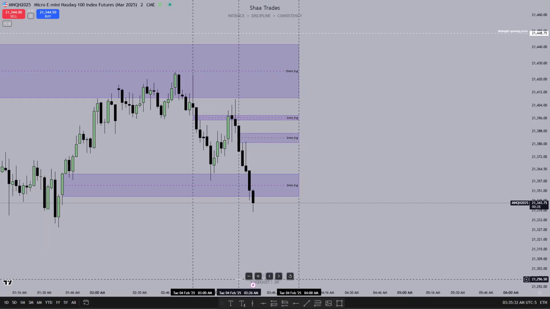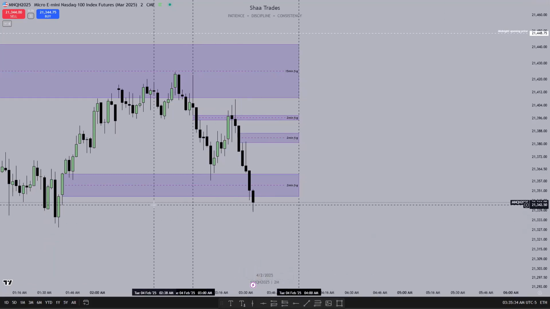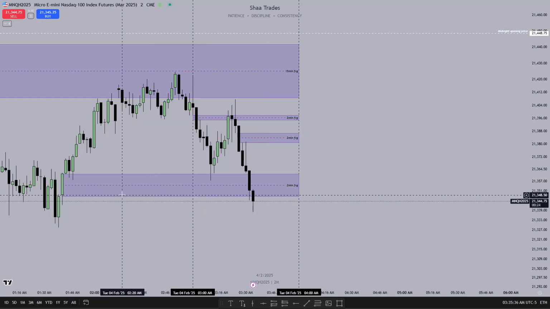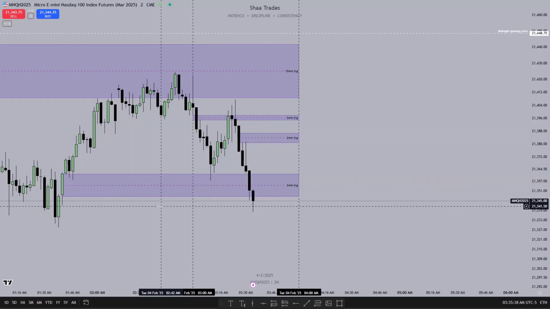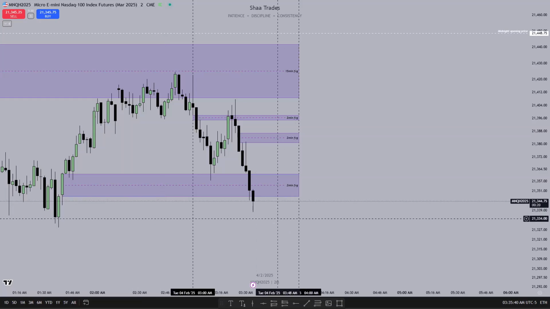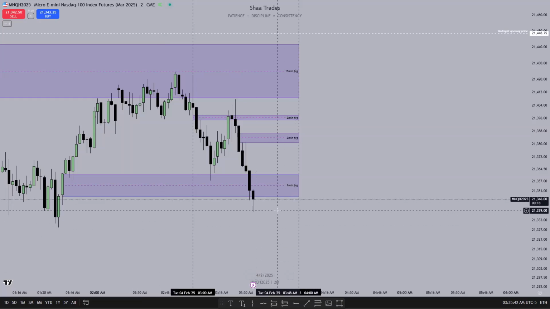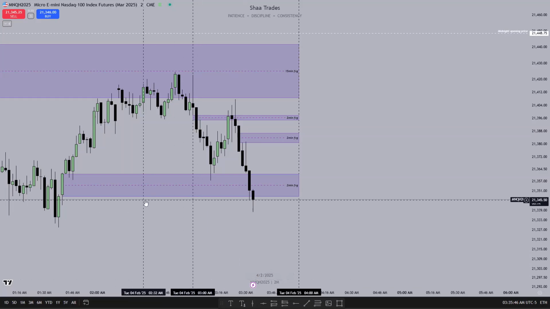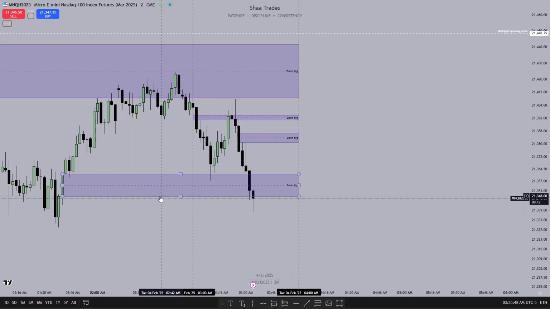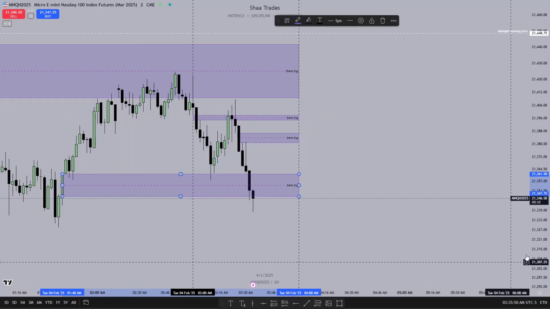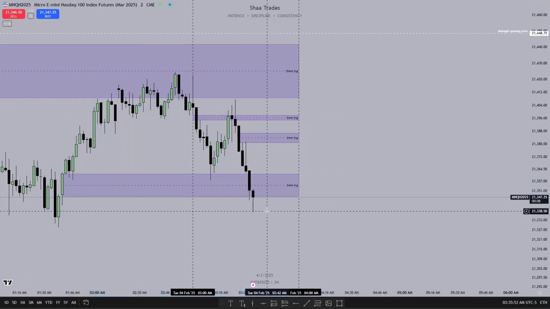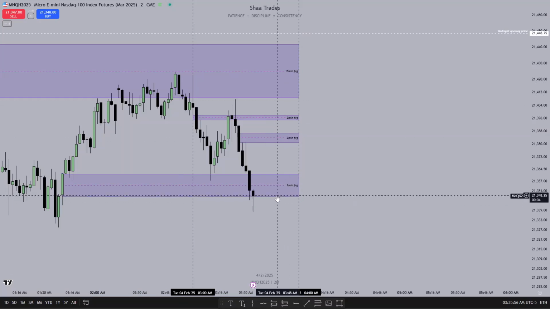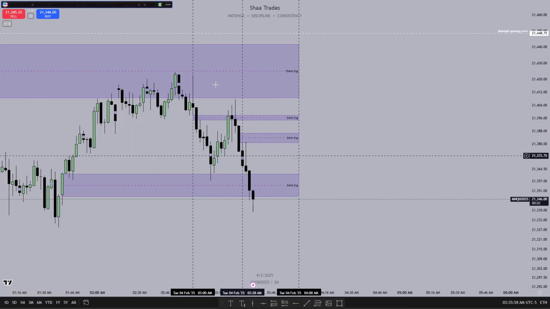Alright, so we have about 25 seconds before this candle close. We're just gonna wait for the candle to completely close. But I do believe this is, let's see, 10 seconds. Yeah, it's safe to say this is gonna be inverted.